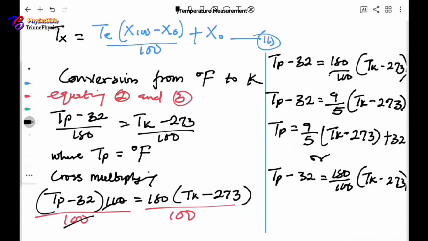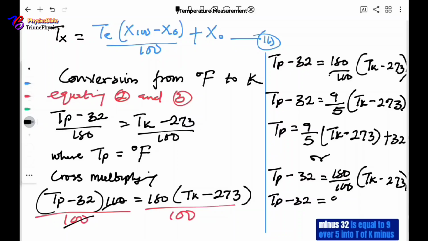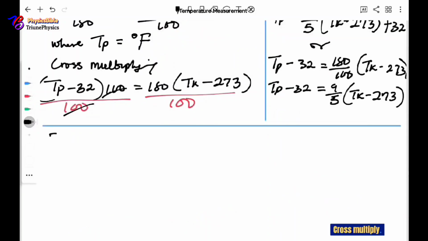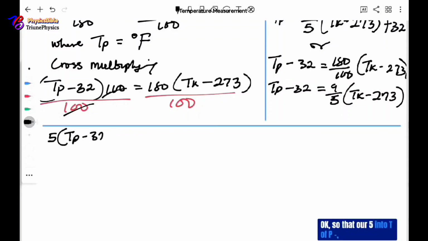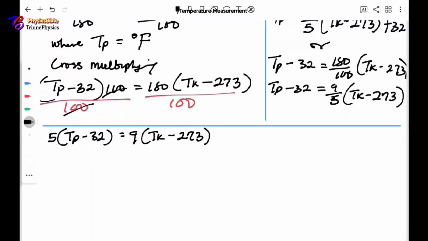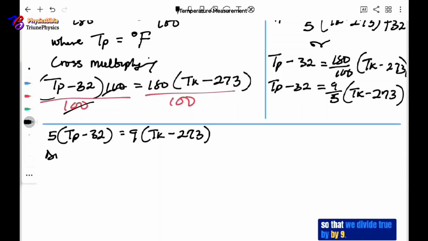Close that bracket. Our goal is to make T of K the subject of the formula, so that we now have T of F minus 32 is equal to 9 over 5 into T of K minus 273. Cross multiply, so that 5 into T of F minus 32 is equal to 9 into T of K minus 273. Close bracket, so that we divide through by 9.